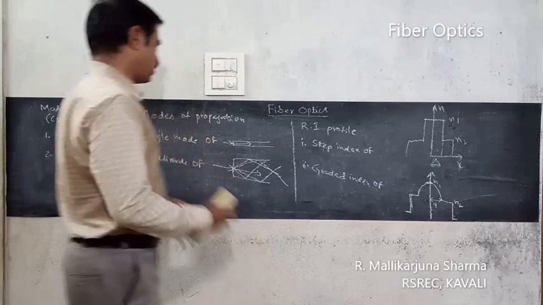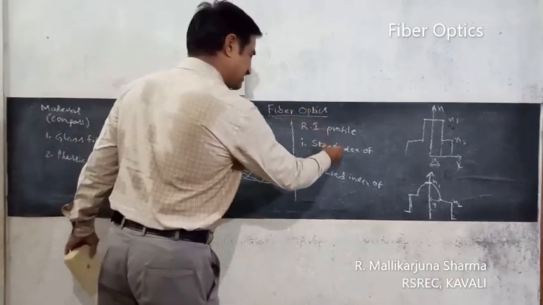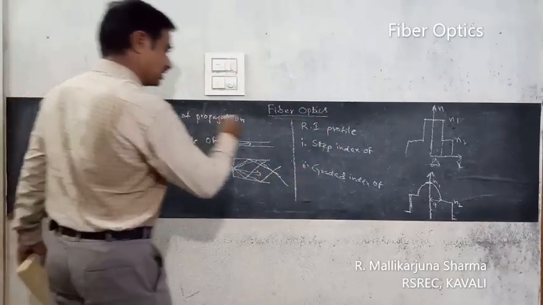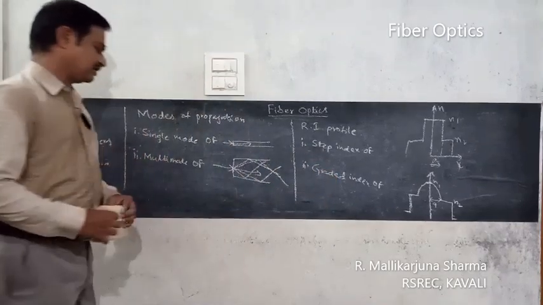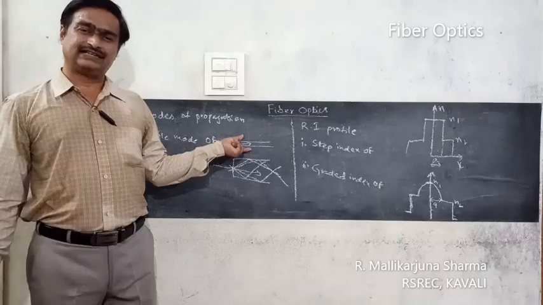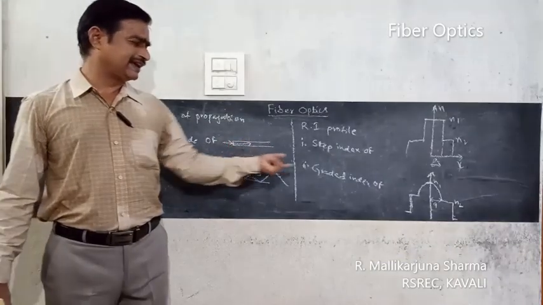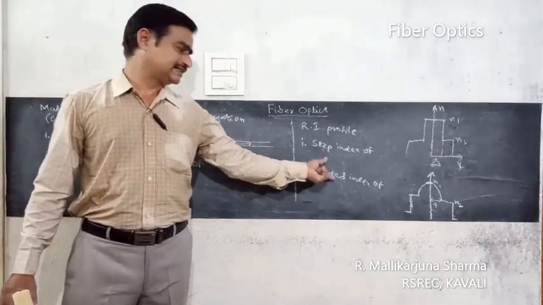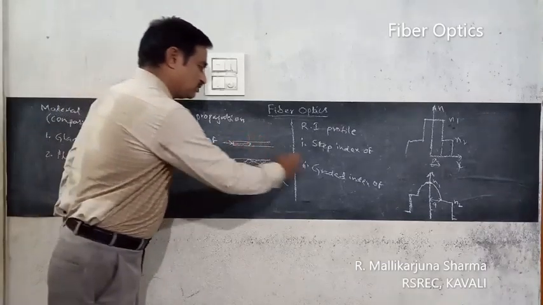Then we have combinations of single mode step index and single mode graded index. Generally we won't find single mode graded index because here the dimension is very small, and it is difficult to bring changes in that one. That's why we rule out this combination.